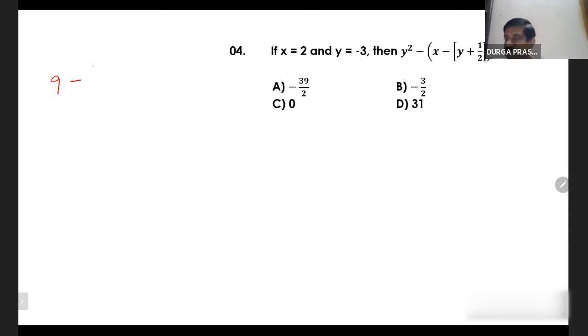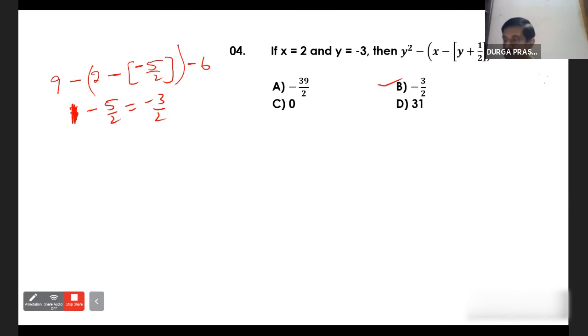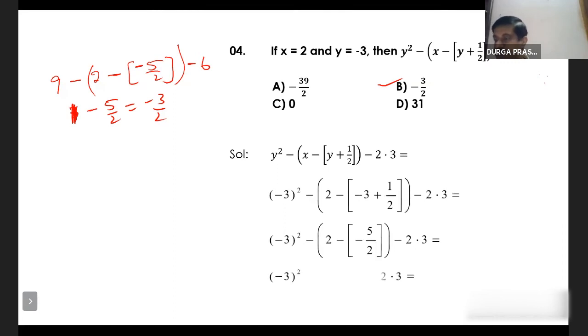Minus of x is 2, minus, this is minus 3 plus half is minus 5 by 2, minus 6. So this is 9 minus 6 is 3, minus 2 is 1, plus minus and minus is plus, plus into minus is minus 5 by 2, that is minus 3 by 2. So option B. Please note it fast, quick.